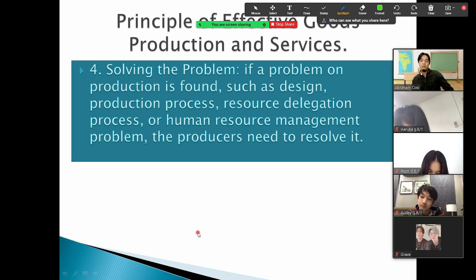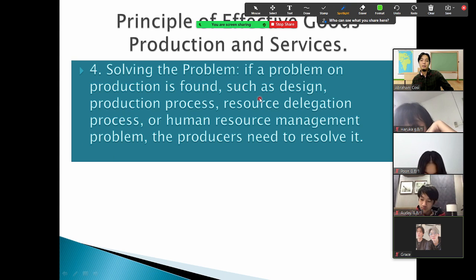And number 4 is solving the problem. If you found a problem, again, when planning, you need to consider how to solve a problem. So you go back to step 1: follow the plan, follow the process.